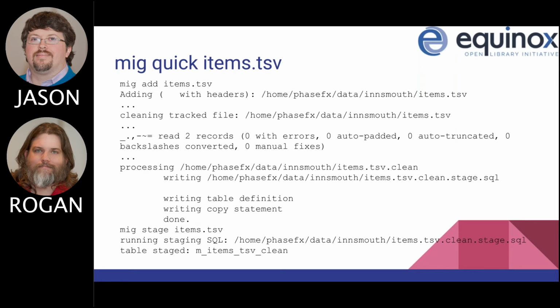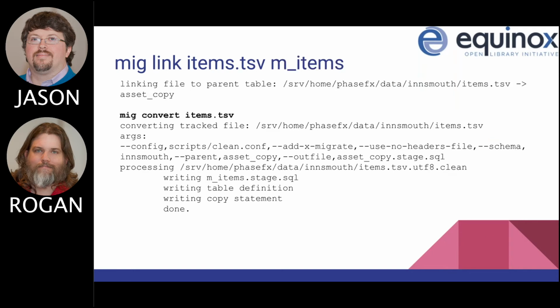You can specify the header separately in its own file, or it can just read the first line in the file and assume those are the headers, and you can specify how that works. And there are other config options for telling clean CSV what the delimiters are and the escape characters and that sort of thing.